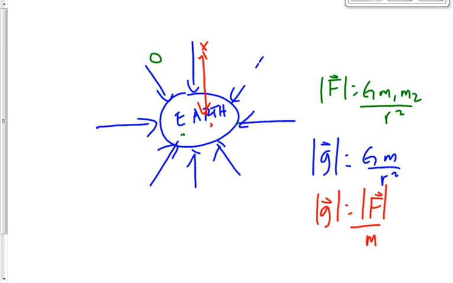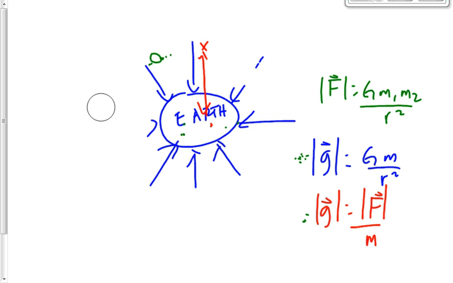The Earth causes a field right here, but the apple experiences the field that was caused by the Earth right there. If we have information about the Earth, then we can use that equation, the middle producer equation. If we have information about the experiencer, the apple right here, then we can use this equation. That make sense?